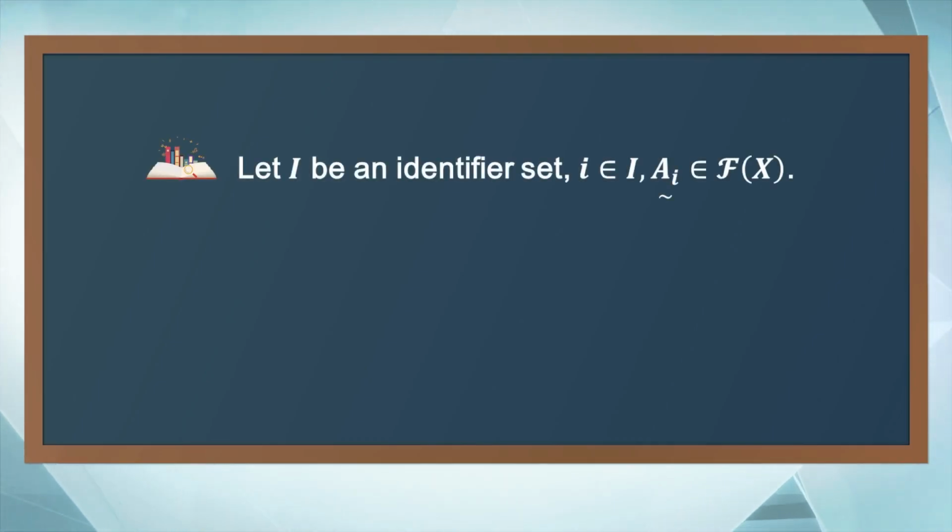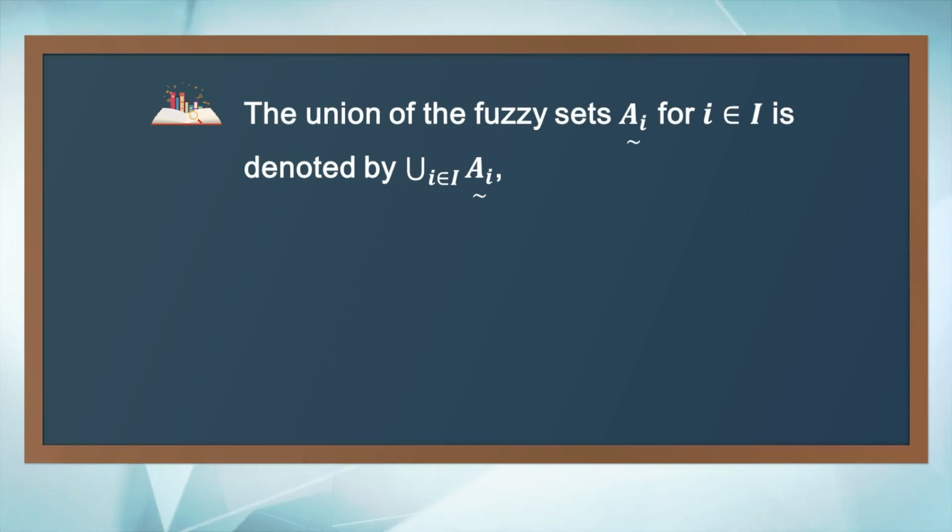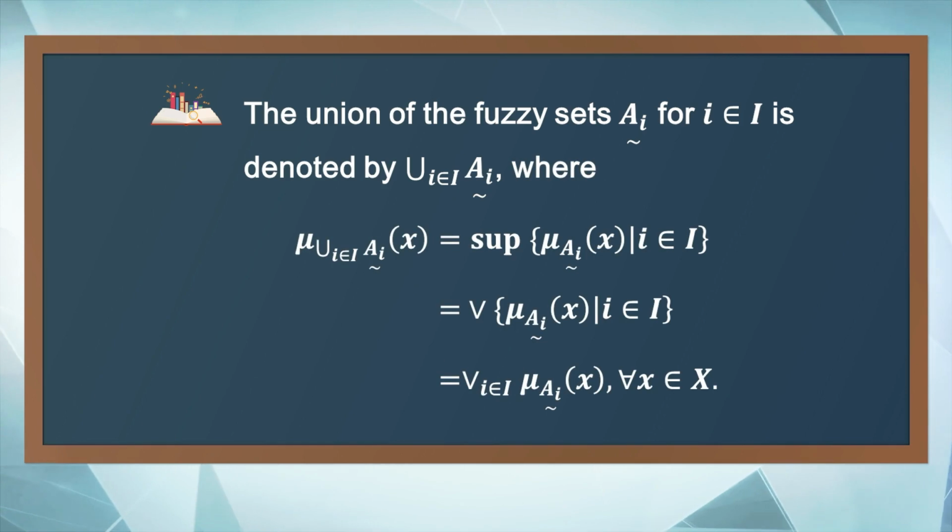Similarly, we can also consider the union and intersection of an arbitrary number of fuzzy sets. Let I be an index set. The union of A_i is denoted by this notation, where the degree of membership of element x in the union is the maximum or supremum of mu sub A_i of x.